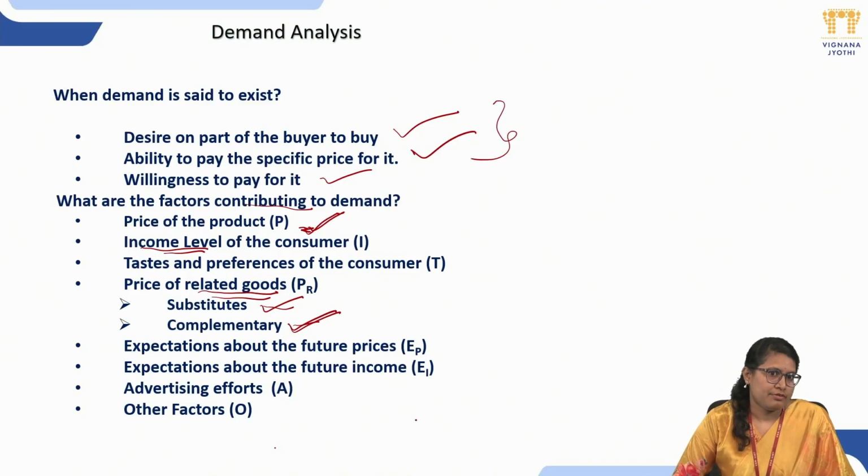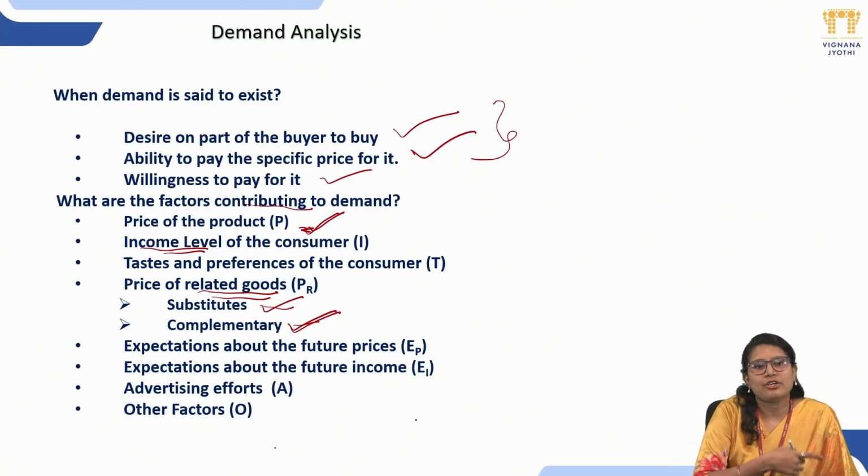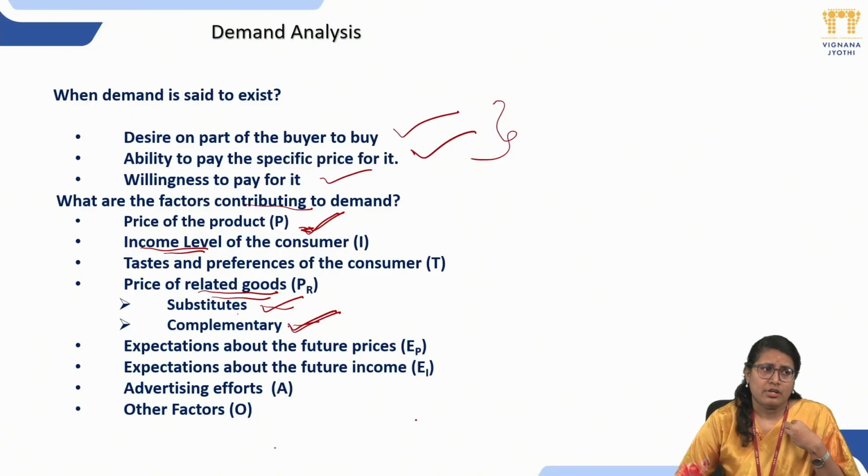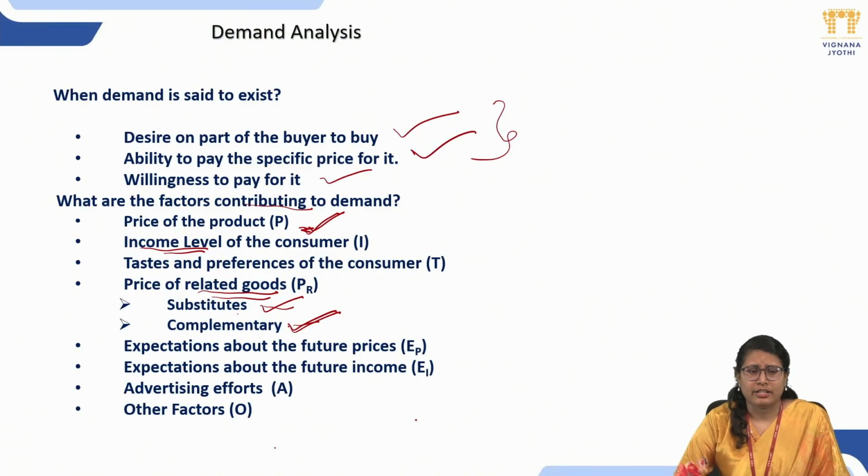Suppose the charger is not available, and you have to buy a charger additionally, and the charger costs more, then you may shift to some other product. So these substitute and complementary goods help you understand the demand of the product. For you to easily understand, I'm going to use a basic example of substitute and complementary goods. Suppose you went to a canteen and thought of drinking coffee, but coffee is not available and tea is available at that moment.